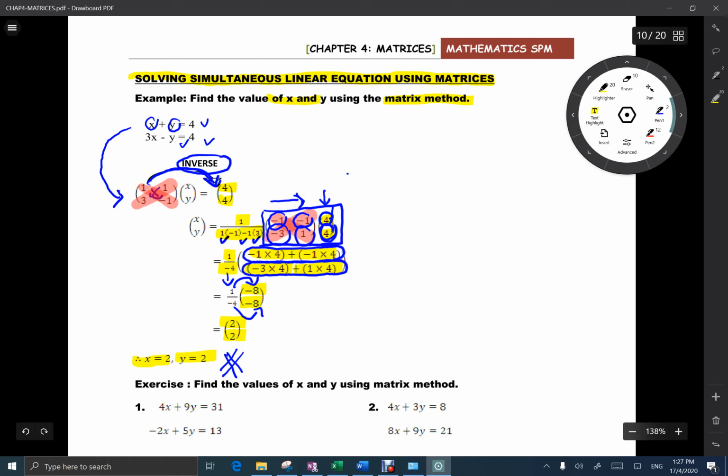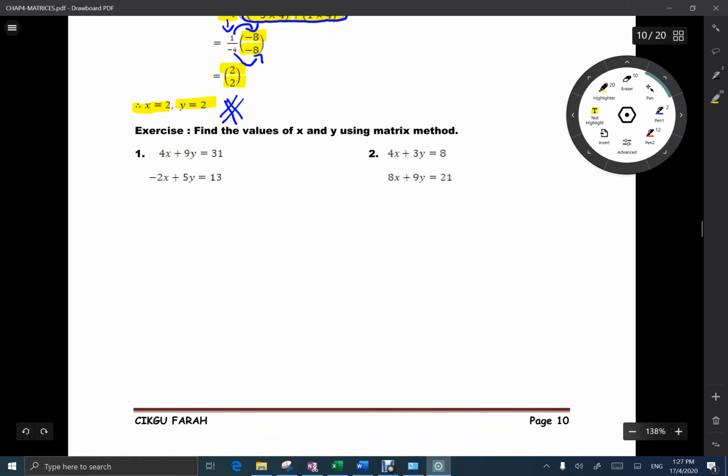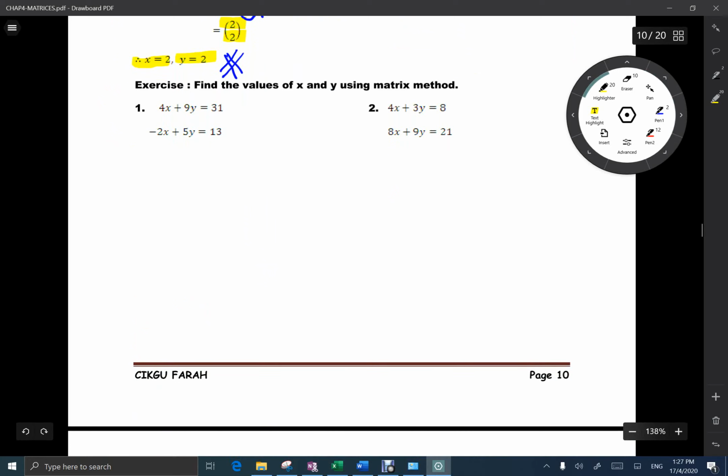Okay, so now, let us try one example. Find the values of x and y using matrix method. It must be matrix method, cannot be other things. Now what is the first step just now? You need to write down in the matrix equation. So matrix equation, first take out the number.